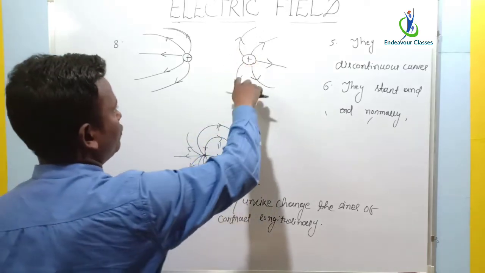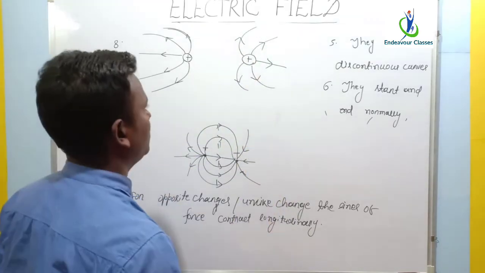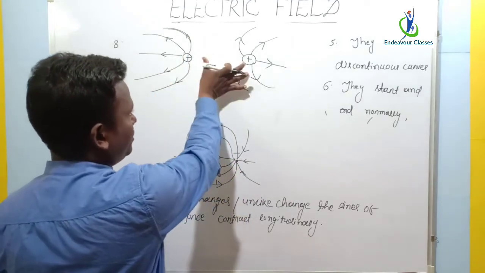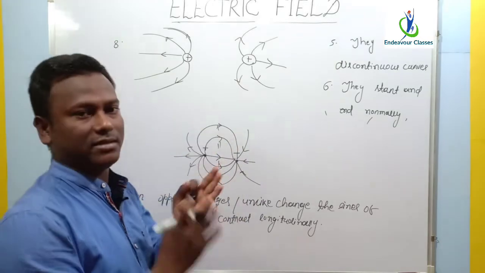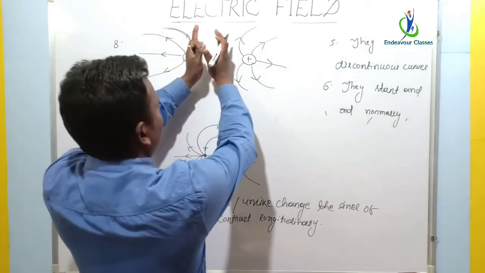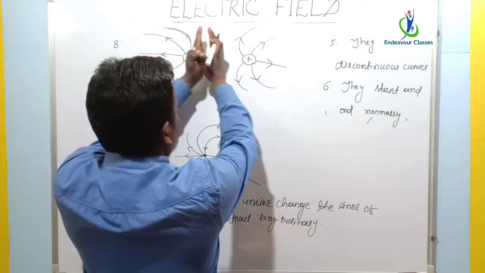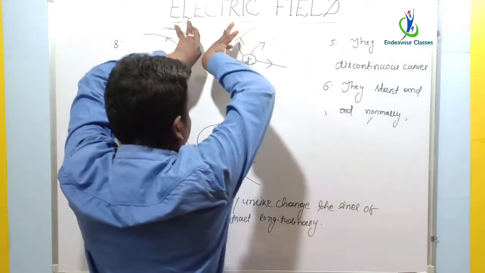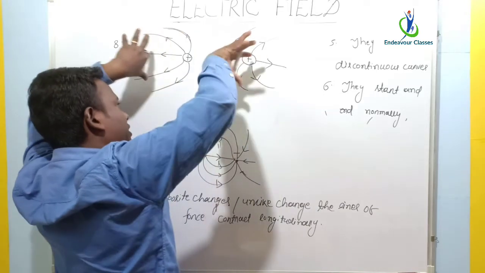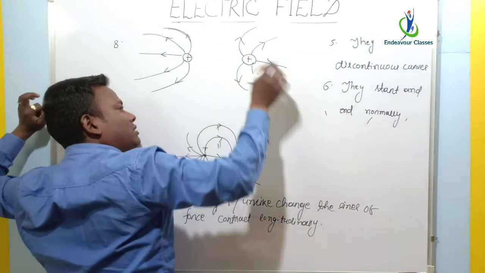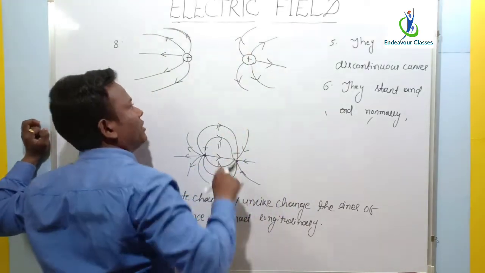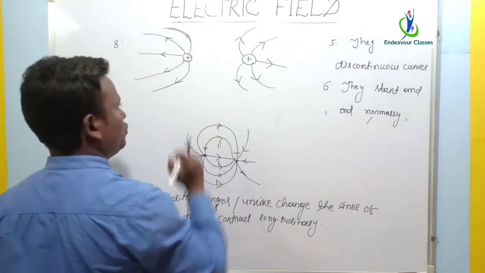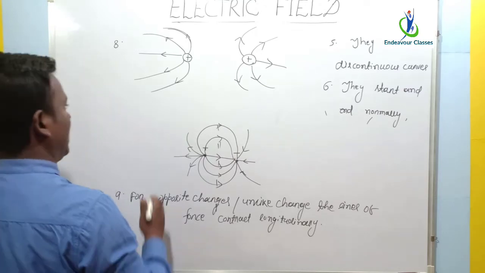For positive, the lines of force will definitely go outwards, so the direction is something like this. As the force between positive and positive charge is repulsive, the lines of force are repelling each other and exerting lateral pressure on each other. That is why they are becoming like a jellyfish appearance. So the lines of force exert lateral pressure.